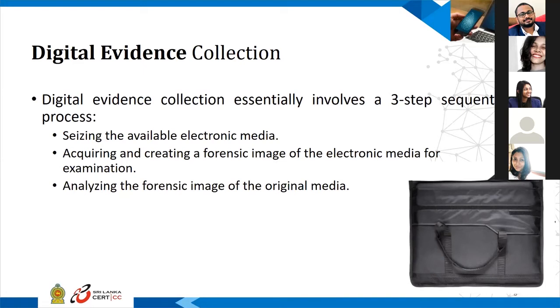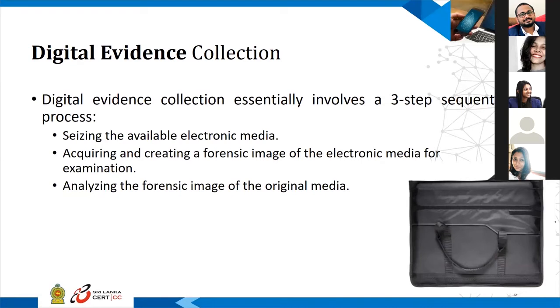When we copy and paste, there can be certain changes in the created, last access, and modified times and dates. So because of that, we have to get an exact copy of the evidence. We call it a bit stream copy or bit by bit copy. That means it's the exact copy of it. So we can put the original media away and do the investigation in the image that we got.